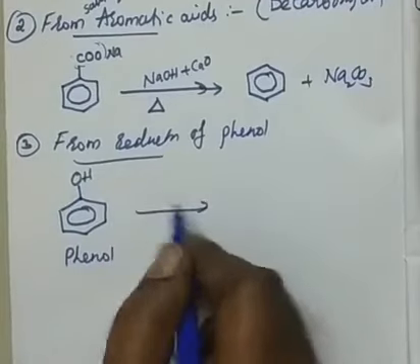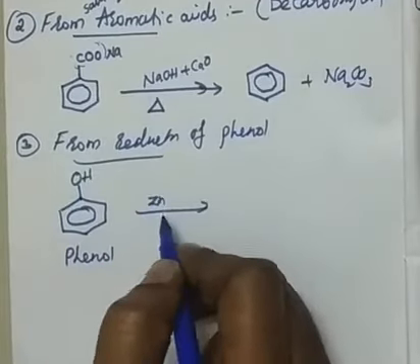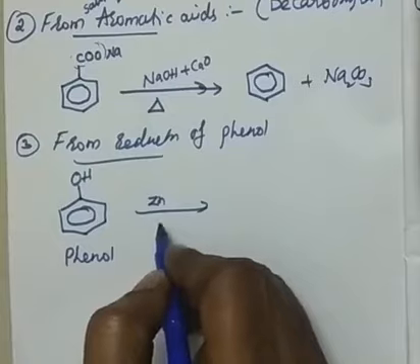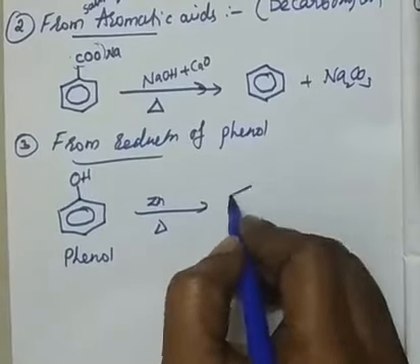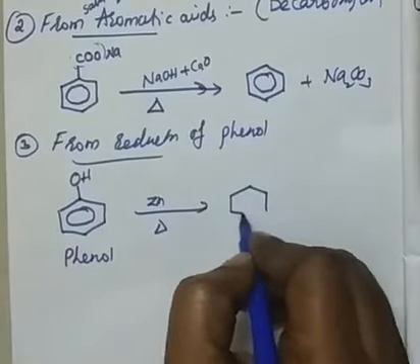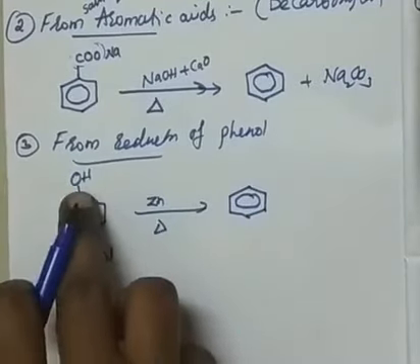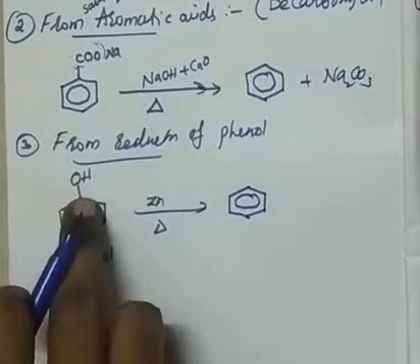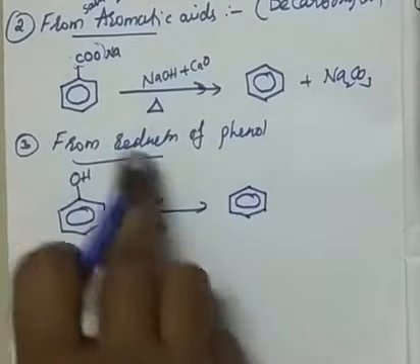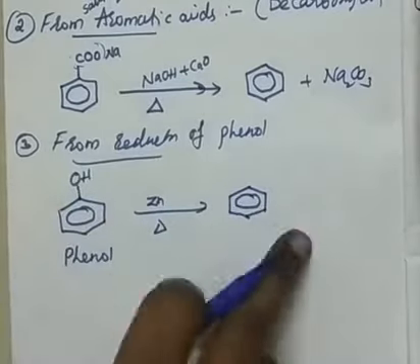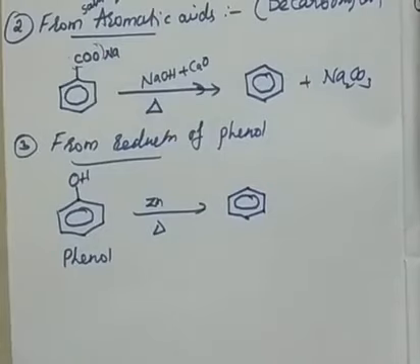This one on reduction with zinc metal or zinc dust and a little heating will remove OH and add one H. So it is removing OH and adding an H. Therefore I call it reduction because hydrogen is added. Addition of hydrogen is called reduction. So this is the preparation of benzene.